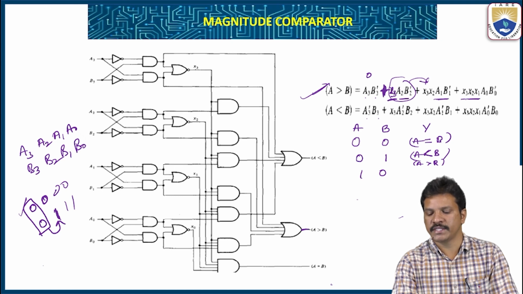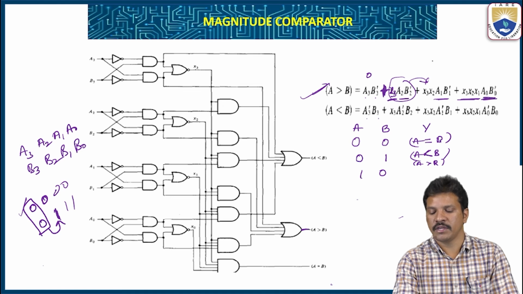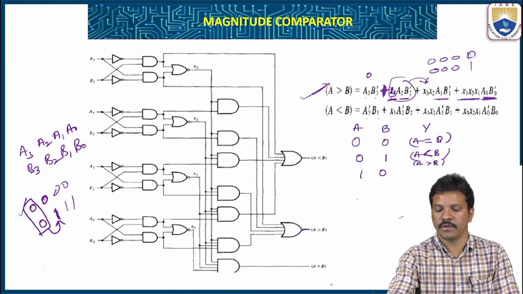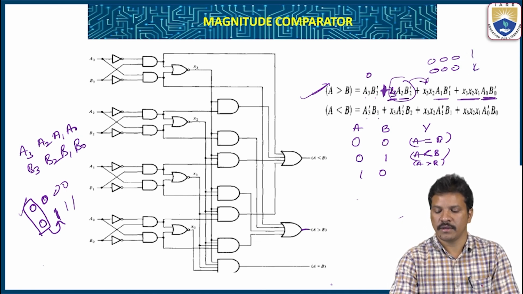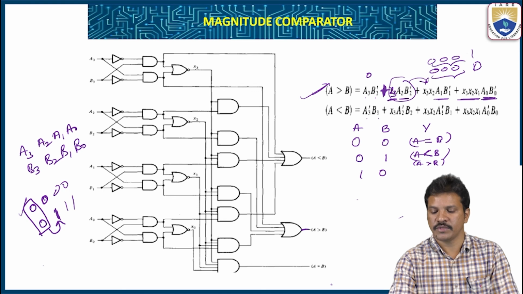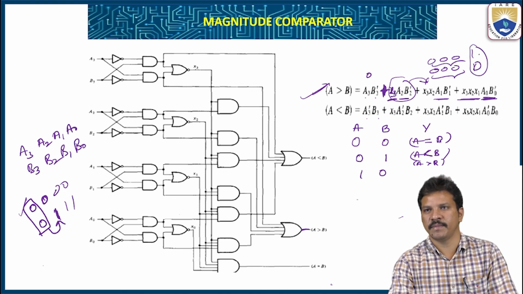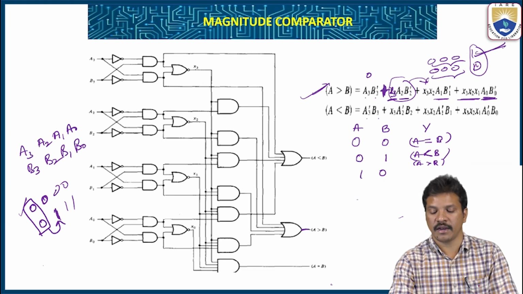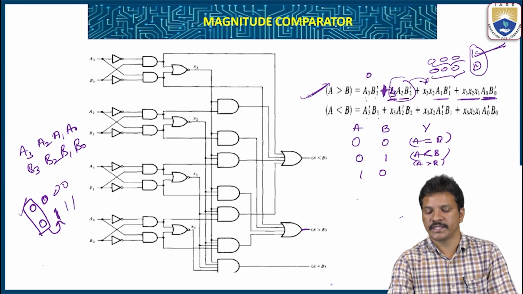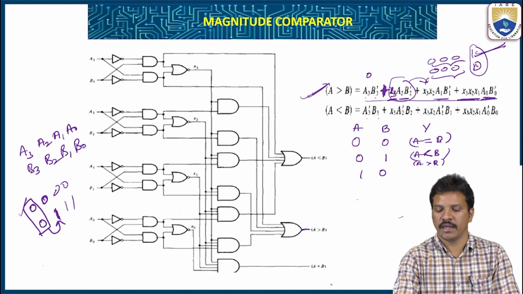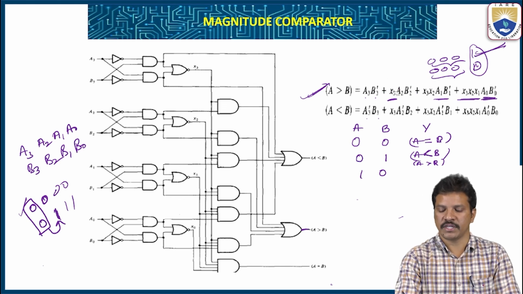If the first 3 bits are the same, then we compare based on the last bit, the LSB. Here this is 1 and this is 0, which is logic high, so A is greater than B. By considering all the possibilities, we can implement the Boolean function.